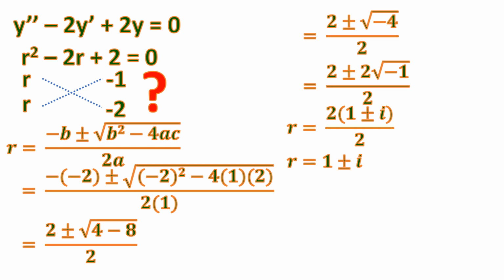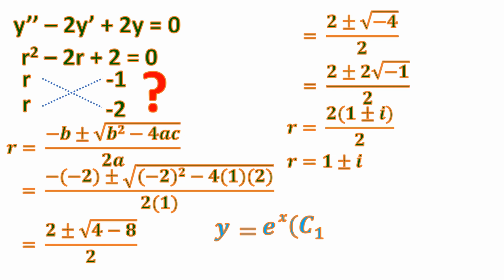Now how are we going to write the general solution if it contains an imaginary number, meaning it's a complex number? So this is how you do it. y equals, it starts with e raised to the power of x.